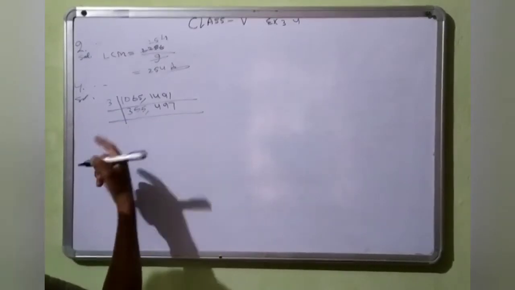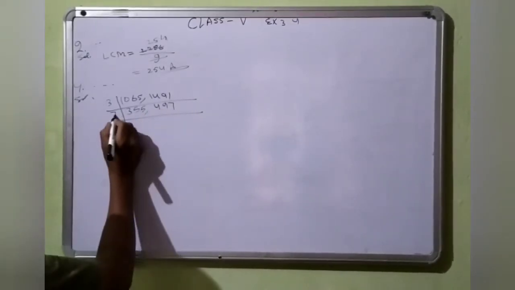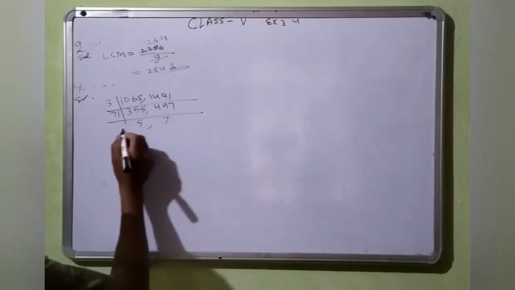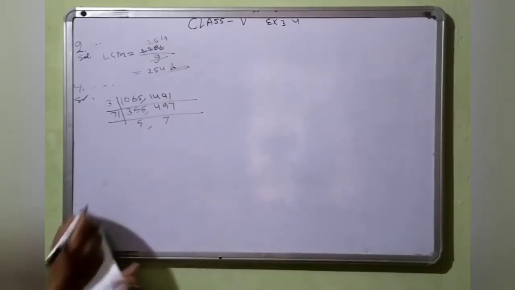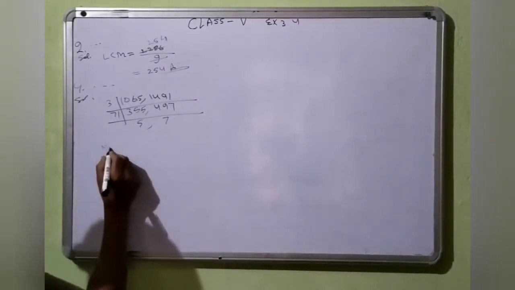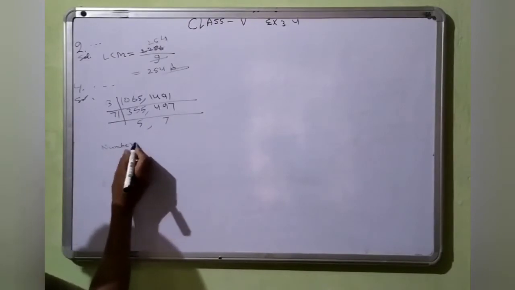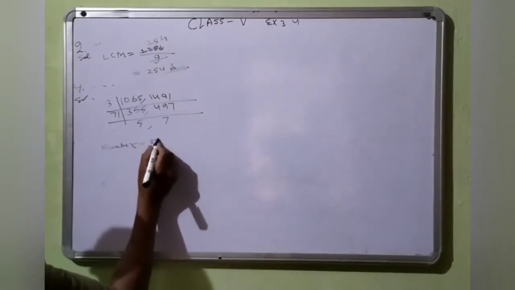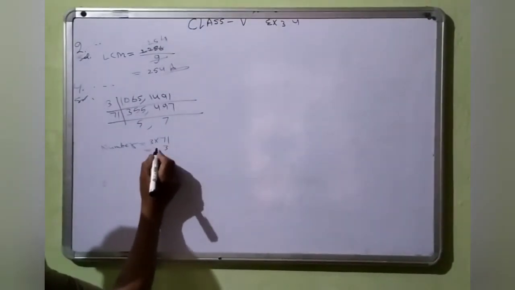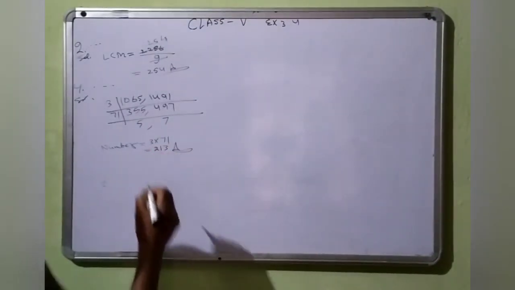And then which numbers divide both? 71. 71 fives are 355, 71 sevens are 497. So that number is equal to 3 into 71, that will be 213.